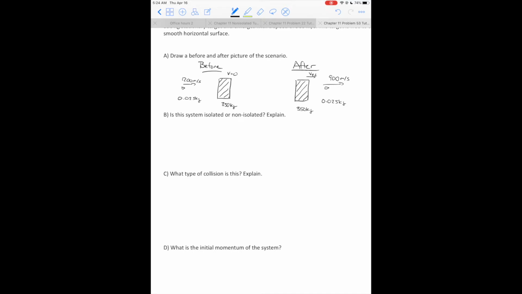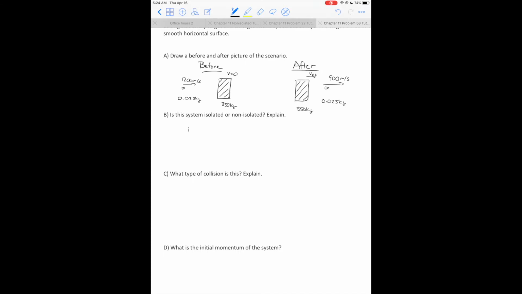We're not bouncing, we're not shooting a bullet into the wall, right? We're not saying that the target is attached to the wall. Even the target itself is sliding across a smooth horizontal surface, so there's not even friction involved.